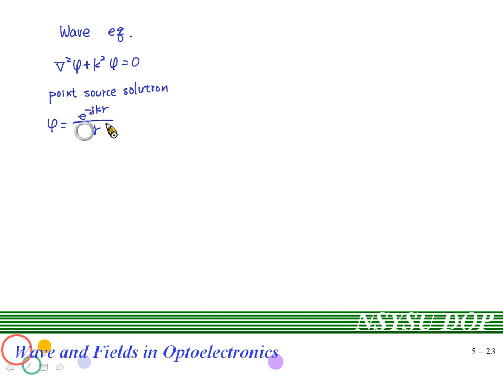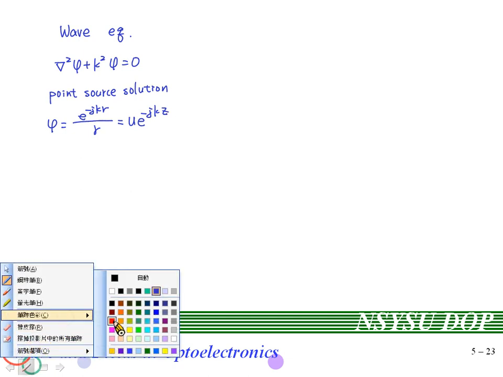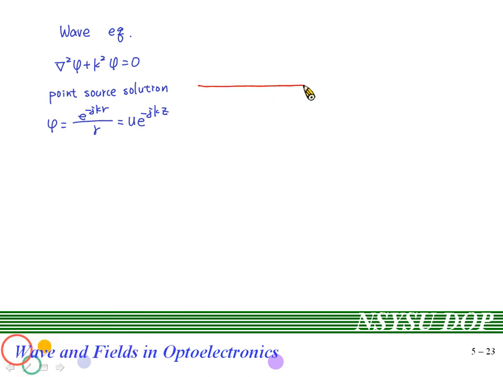If r is very large, this term will become a plane wave, okay? And for the paraxial approximation, phi can be expressed as u times exponential minus jkz.